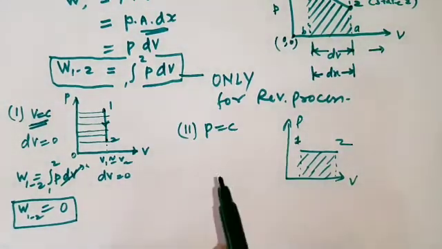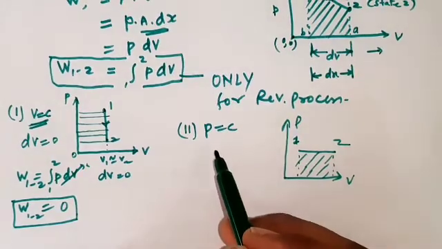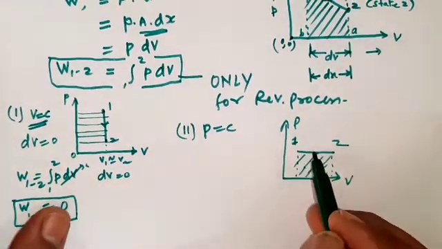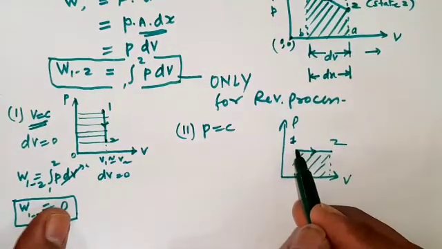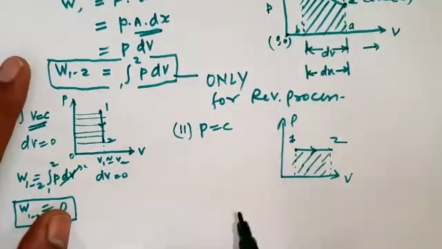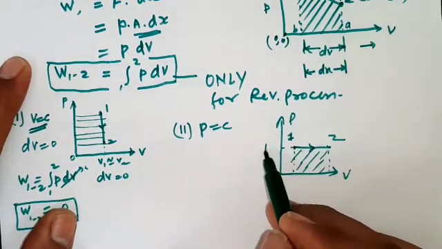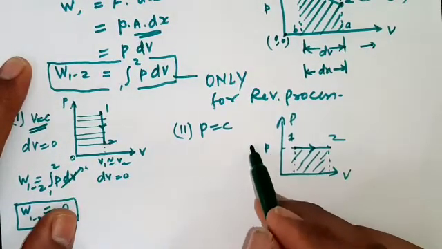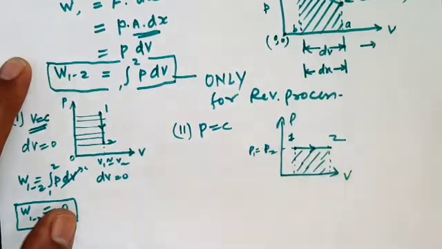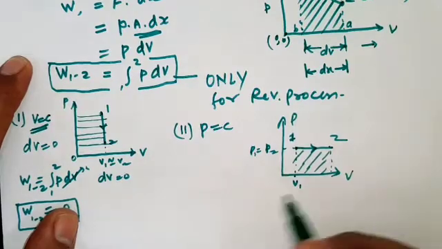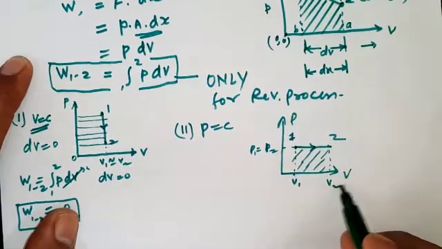So in second case, you can see this is a constant pressure process or isobaric process, process 1 to 2. During this process pressure is constant, P1 is equal to P2, but volume is V1 here and volume is V2 here.